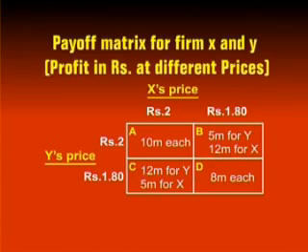This strategy of going for the maximum possible profit is known as MaxiMax, as I said earlier. Note that again the same argument applies to Y. Its MaxiMax strategy will also be to cut the price to rupees 1.8 and hopefully end up in box C.